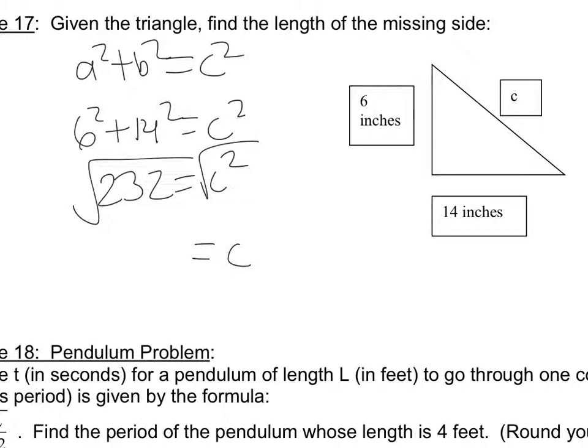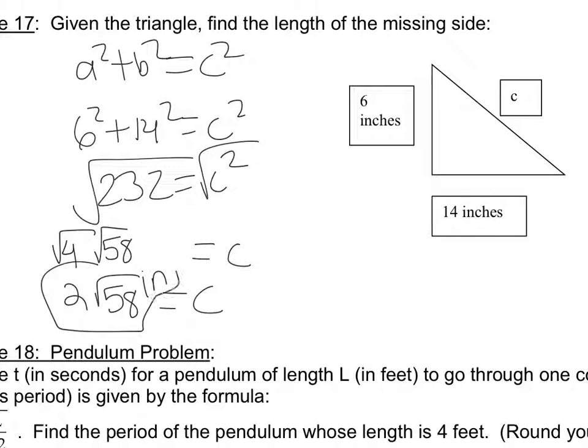And I don't. No, you can't. So this is going to break down into the square root of 4 times the square root of 58. So it would be 2 square root 58 inches. Important for tests, remember to label.